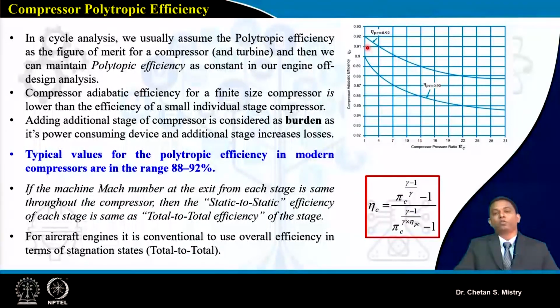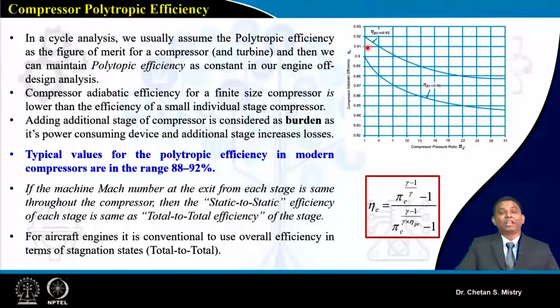So just understand what it says: if you are able to design your compressor stage in such a way that your polytropic efficiency is large, that means aerodynamically you are designing your compressor so that the losses are less, then your polytropic efficiency is high. If that is your case, your adiabatic efficiency will be large.